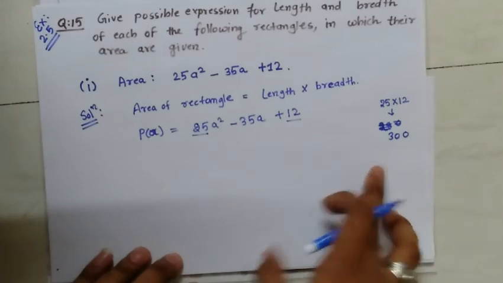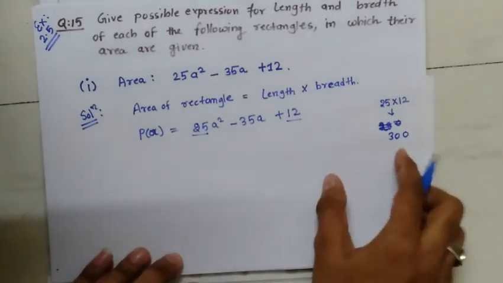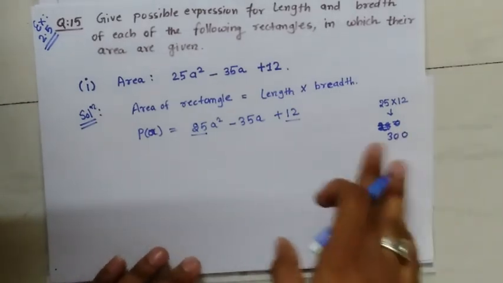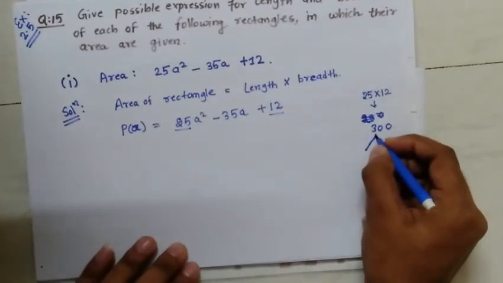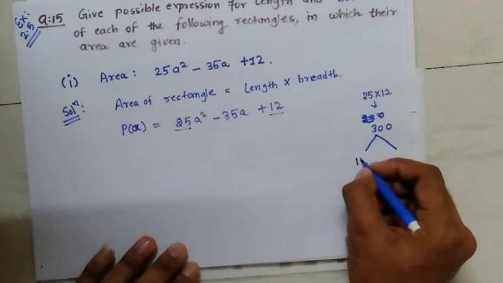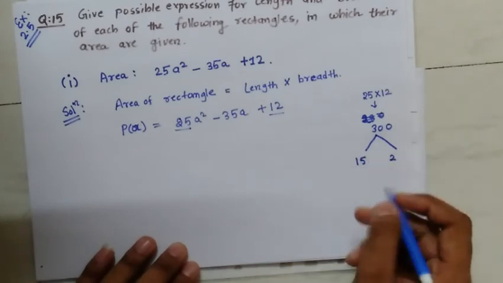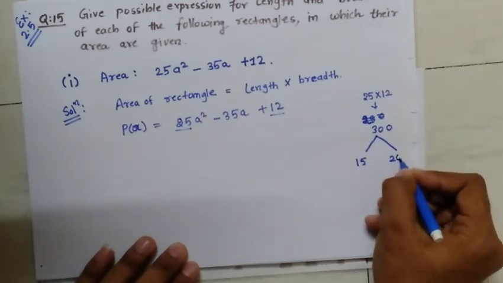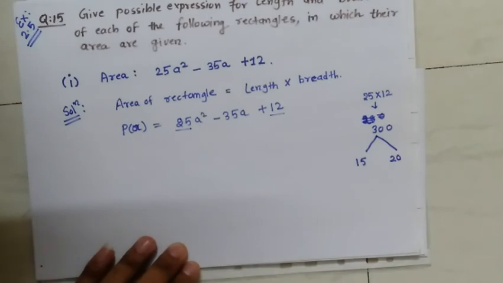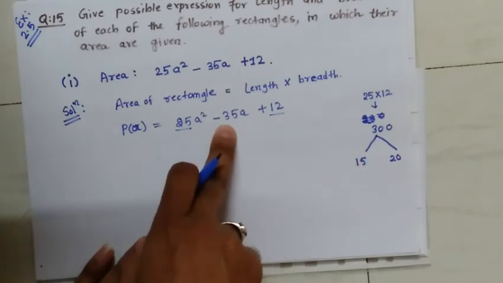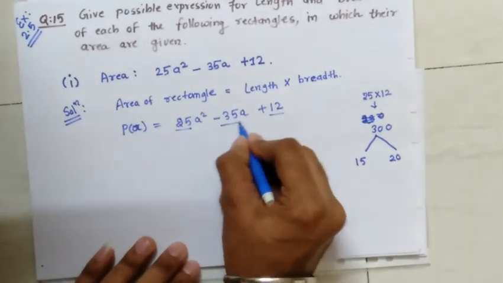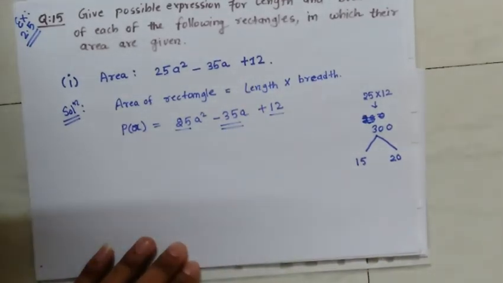We know that if you cannot factorize directly, you can use the prime factorization method. But as we know, 15 twos is 30, so 15 20s will make 300. And in the middle term, we want minus 35.